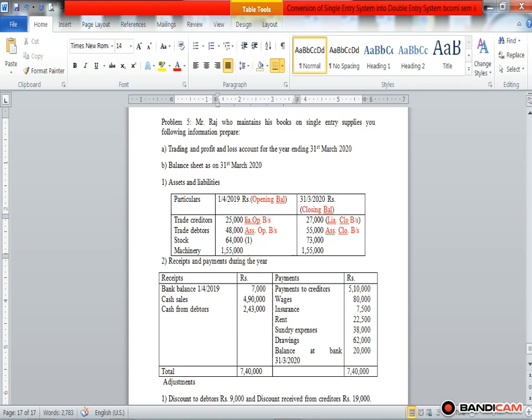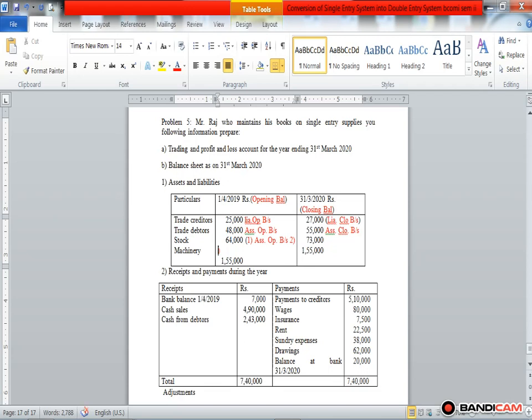First effect, asset side of opening balance sheet, and second effect on trading account debit side.